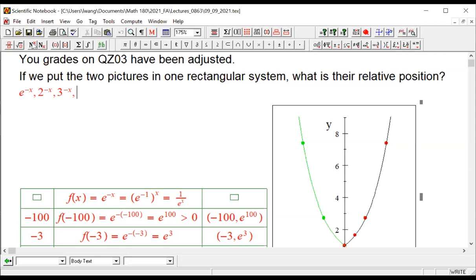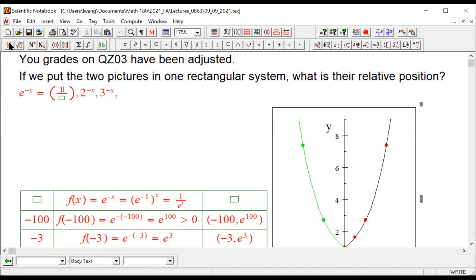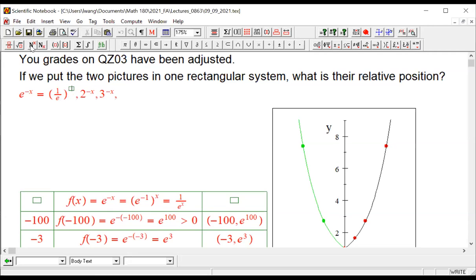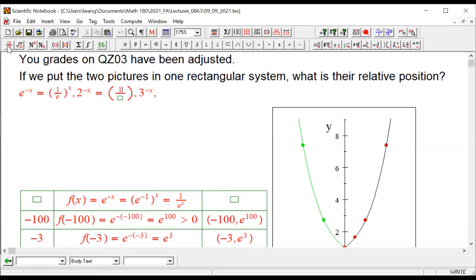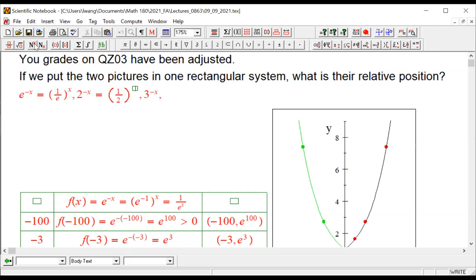So, Professor, do we also call these functions exponential functions? They're all exponential. All of these are exponential, right? For example, this one is exponential because the base is 1 over e, raised to the power x. And this one has base one half to the power x.